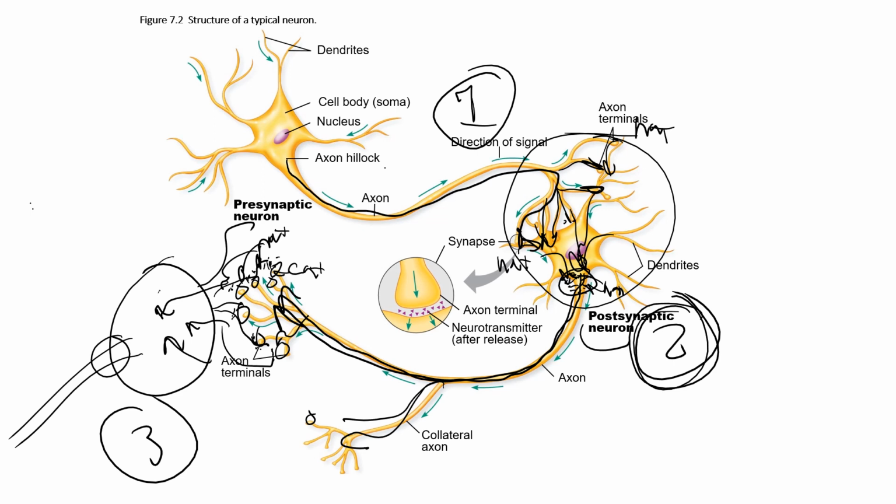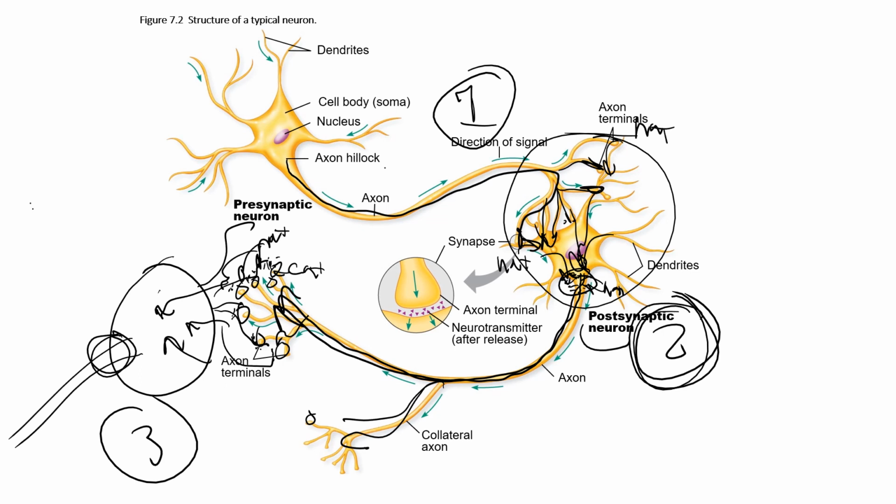But if neuron number 2 can fire, let's say, 100 times over the course of a second, it will release enough excitatory neurotransmitters to bind to enough ligand-gated channels on the dendrites of neuron number 3 to allow enough sodium in that enough sodium will get to the hillock region of neuron number 3 to make the hillock region 15 millivolts more positive, and threshold will be hit, and an action potential will then occur.